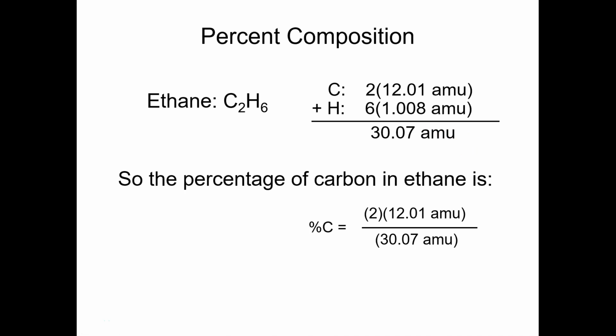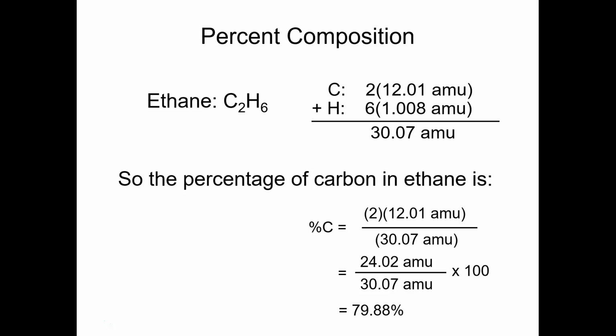So I'm going to take the weight that is carbon and then divide that by the total weight. And then I'm going to multiply that by 100% to get it as a percentage. And so carbon by weight or by mass constitutes 79.88% of an ethane molecule.